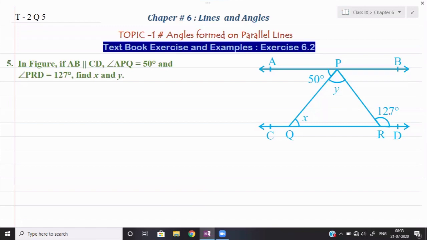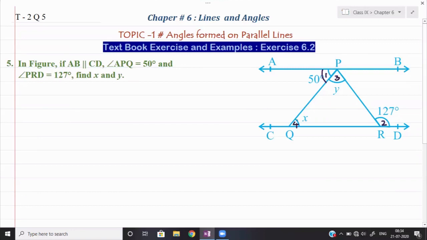Again, to make our question a little simpler here, I will give names to some angles. For example, this 50 degree angle given here I will call angle number 1. I hope it is visible to you. Similarly, this 127 degree angle I will call angle number 2. Y I will call angle number 3, and this X I will call angle number 4.